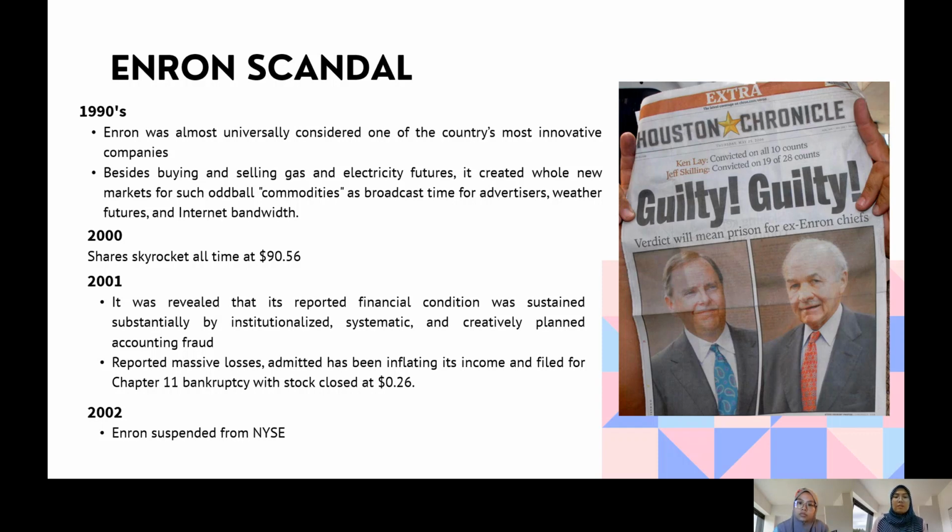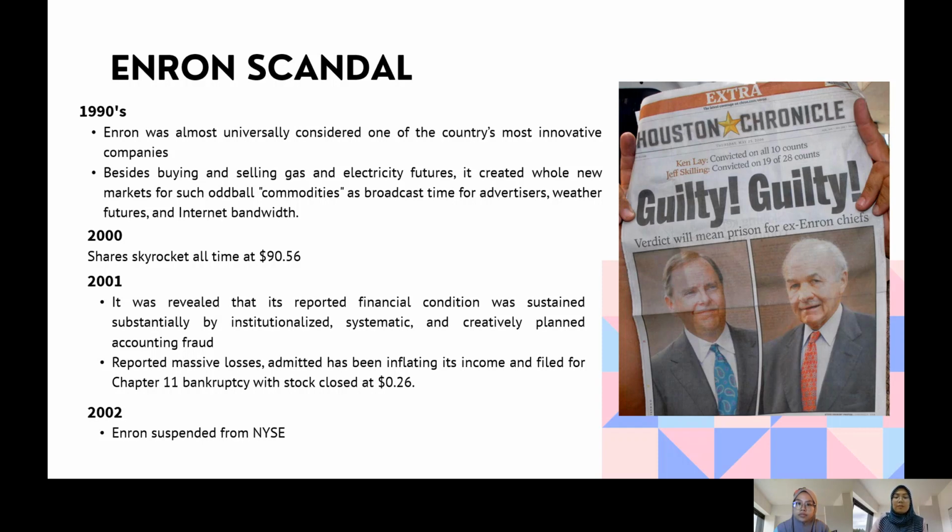And then in 2001, one of the employees in Enron itself became a whistleblower. And then it was revealed that its reported financial condition was sustained substantially by institutionalized, systematic and creatively planned accounting fraud.